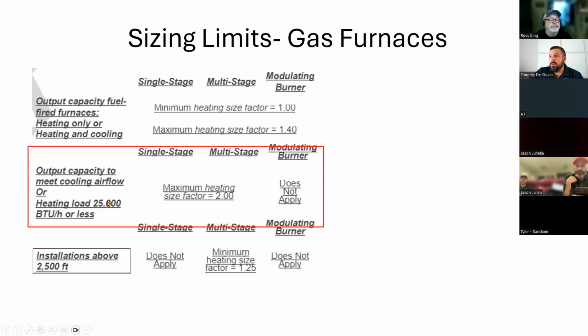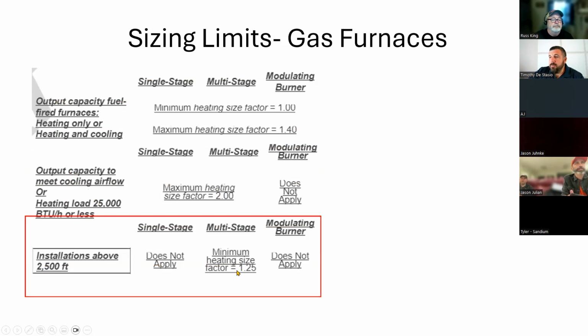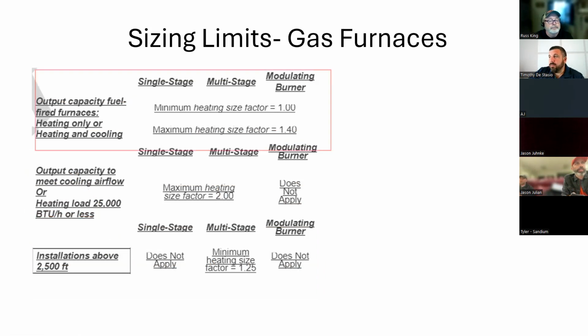If your heating load is really small, 25,000 BTUs or less, or perhaps the correct furnace for your heating load doesn't have a blower capable of moving the air you need for air conditioning, then you're allowed to oversize up to 200%. And finally, if you're up in high elevations, you're going to start out at 1.25, because high elevation derates your furnace, so you're allowed to have a bigger furnace.